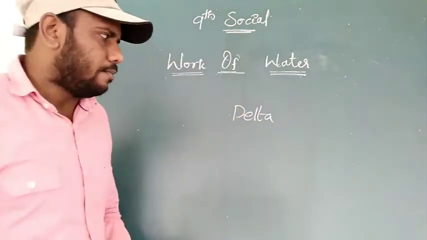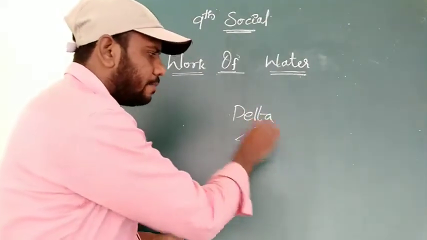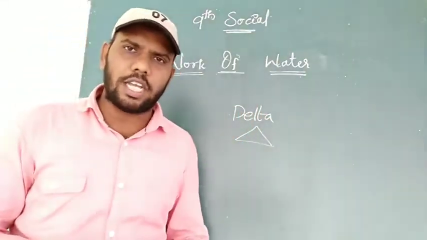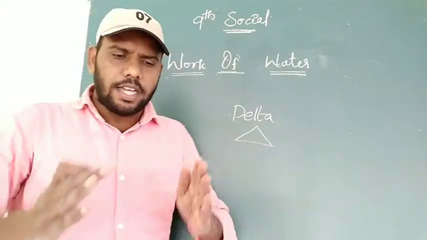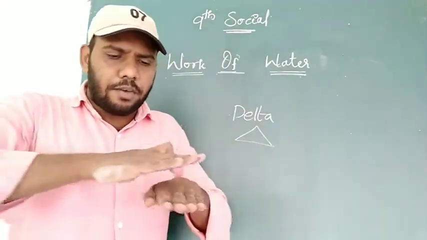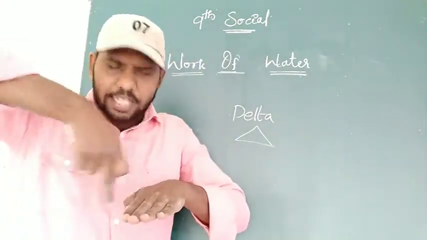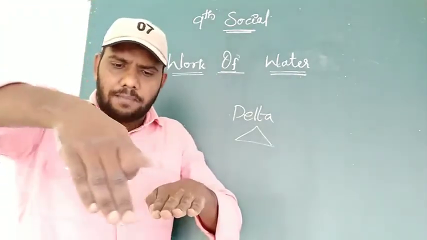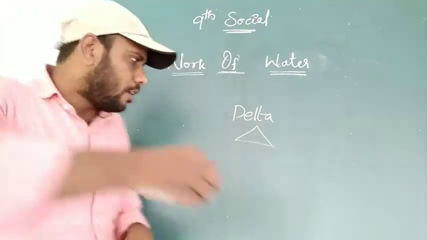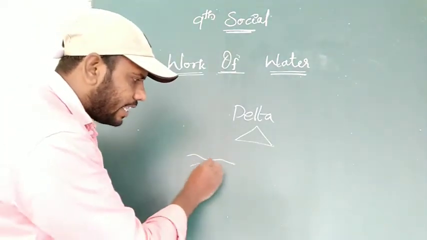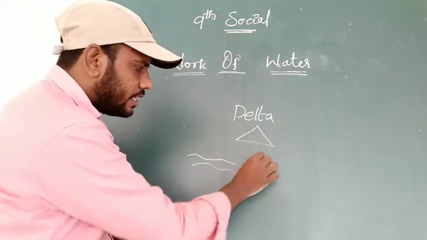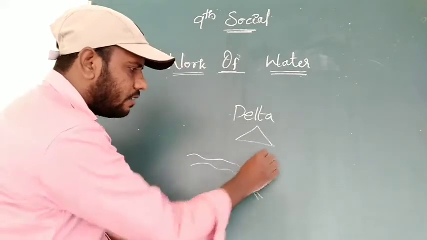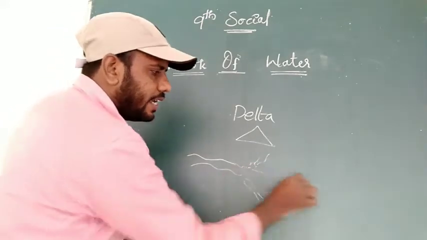Remember delta. Mostly it is in a triangular shape. This landform will be triangular, meaning if you take a photograph from above, the shape will be triangular. Simply understand: the river water moves like this, deposits all its waste here, and then enters the ocean.